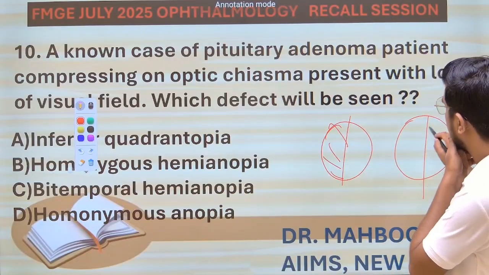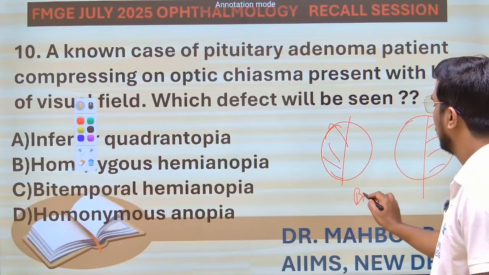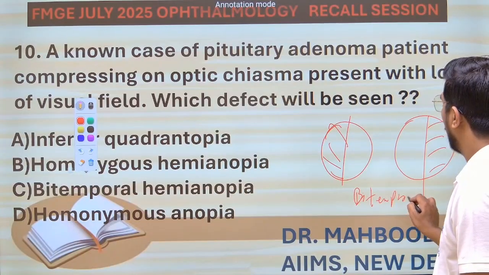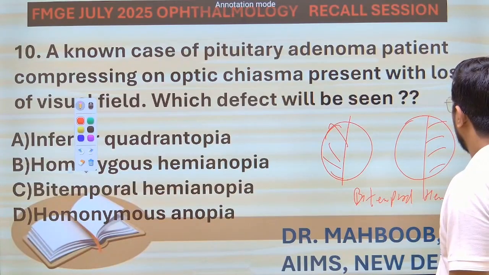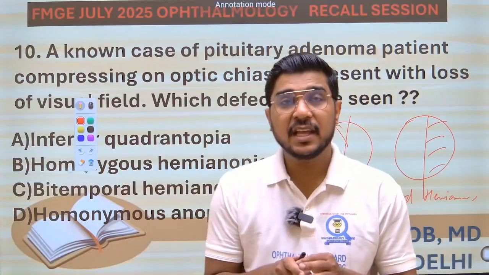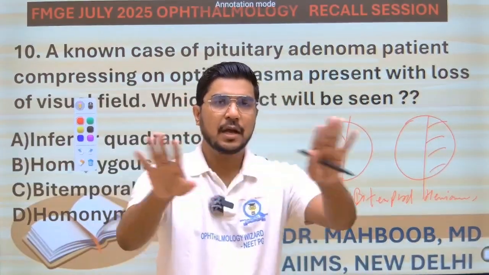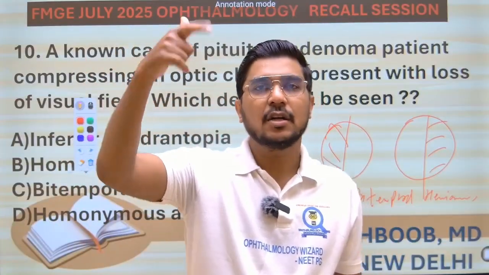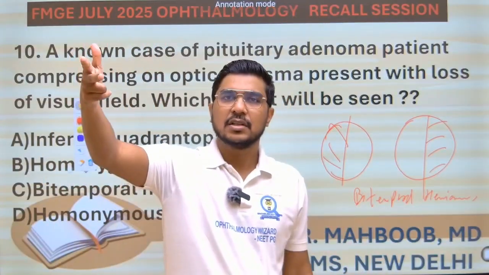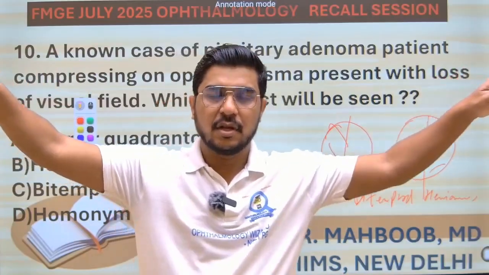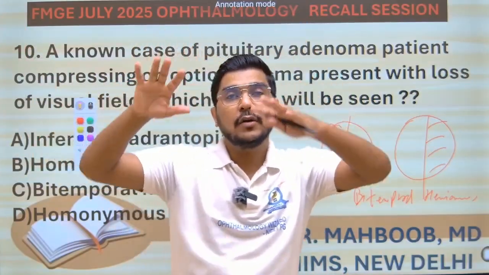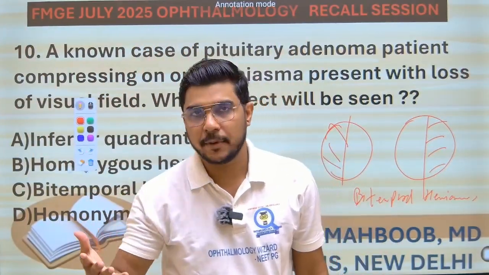This one is gone, this one is gone. This is called bitemporal hemianopia. So if there is compression of the optic chiasma, there is bitemporal hemianopia. Beyond the optic chiasma, meaning optic tract, optic radiations, cerebral cortex, occipital cortex, all of them involved, there is a homonymous hemianopia.